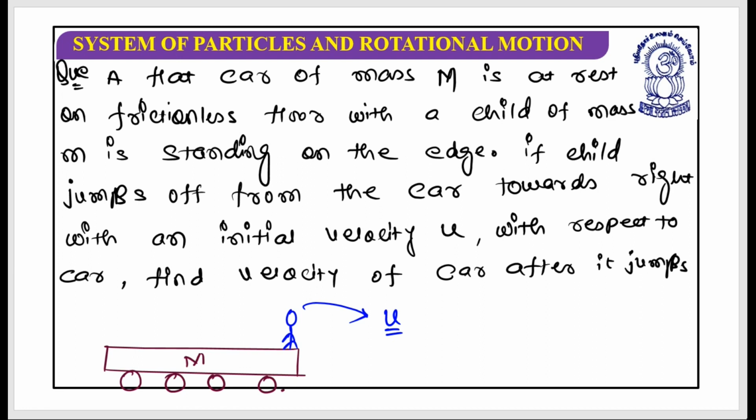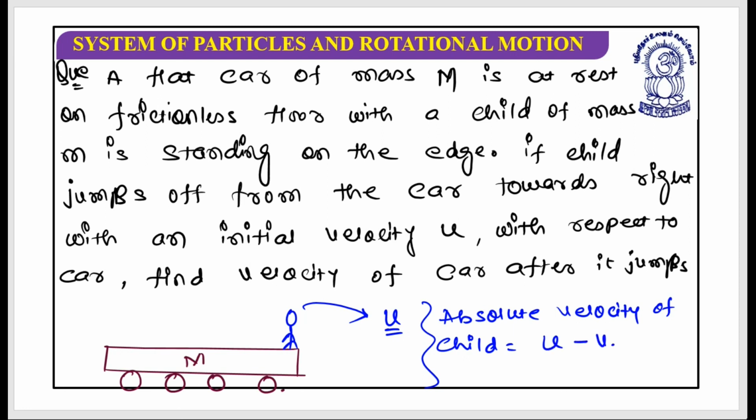Now you understood this. This is the speed with respect to the car. So the absolute velocity of the child is u minus V, if this car is moving with speed V, or this would be the recoil velocity V.